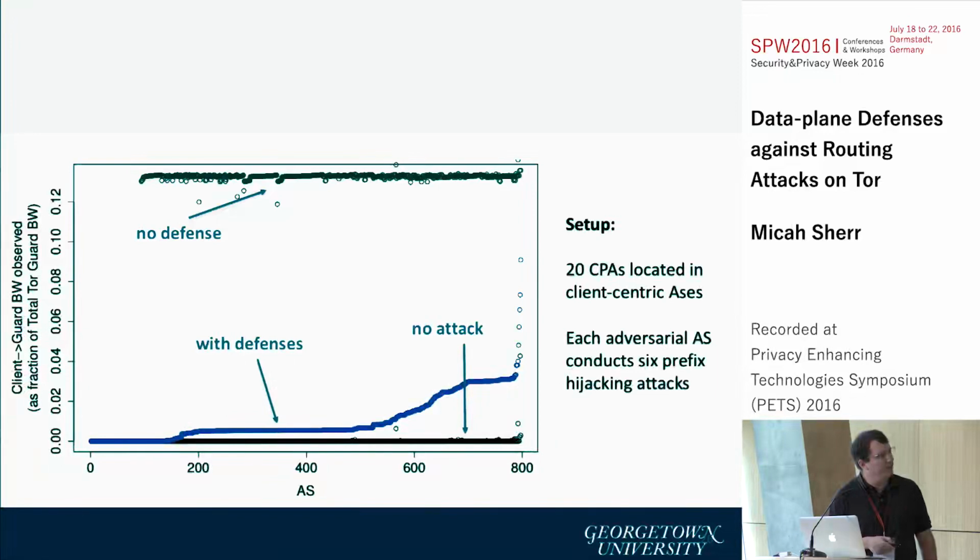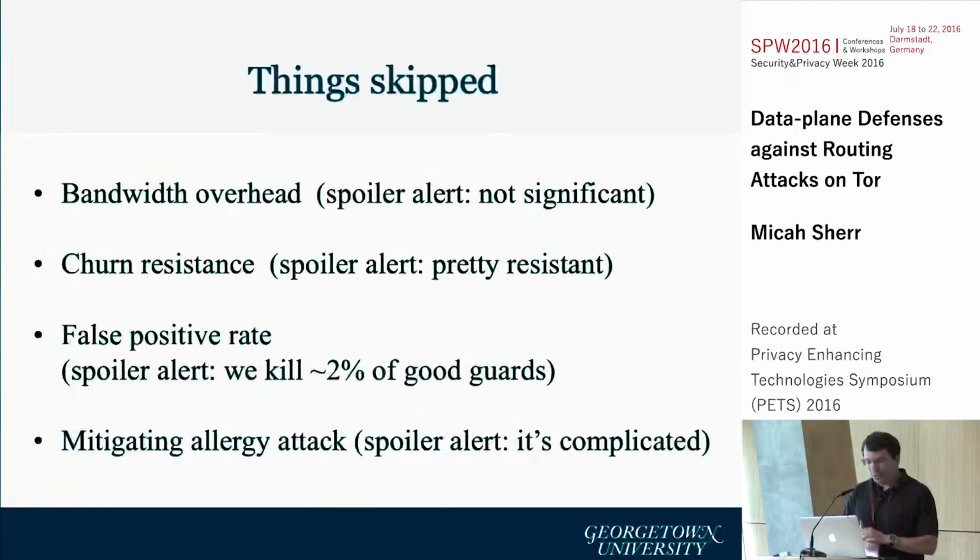With no attack, this is how much it's able to capture just by circumstance or happenstance of being in a particular place on the internet. And with the defenses, we do better. So the delta between this line and this line, which looks great because I fiddled with the y-axis, is the efficacy of our defense. Things I skipped, the bandwidth overhead, it's small.